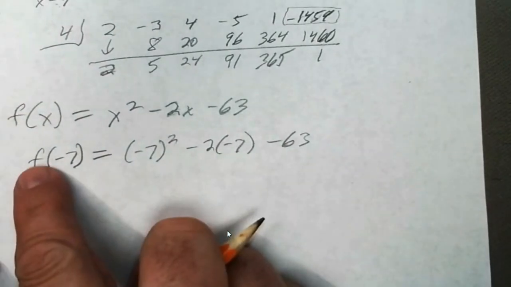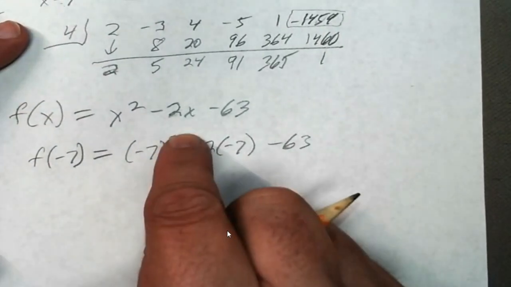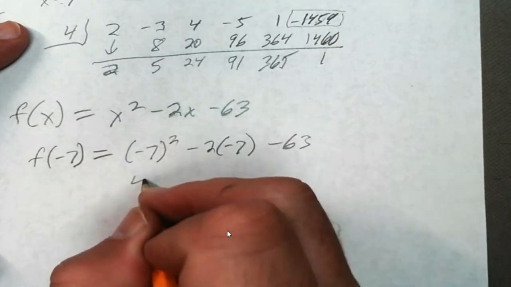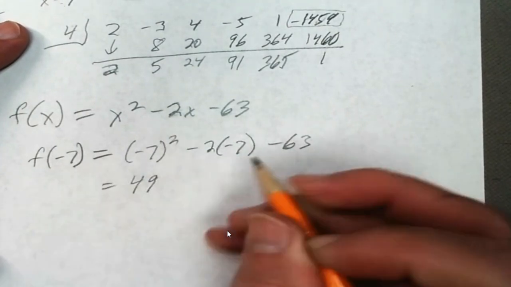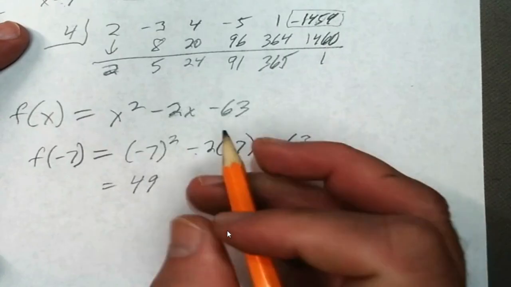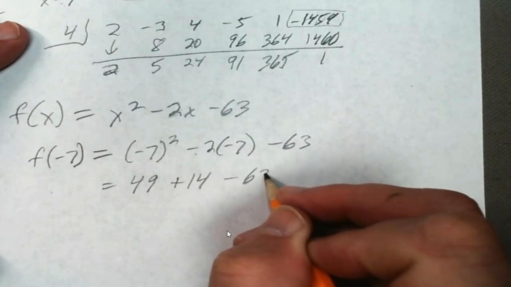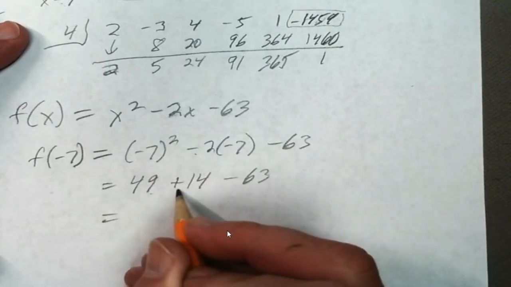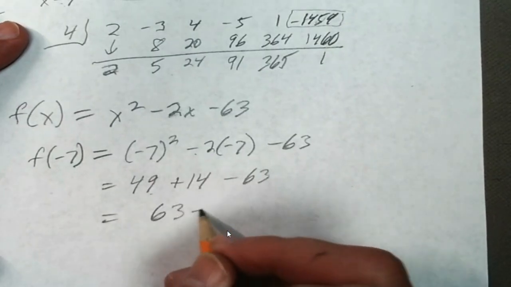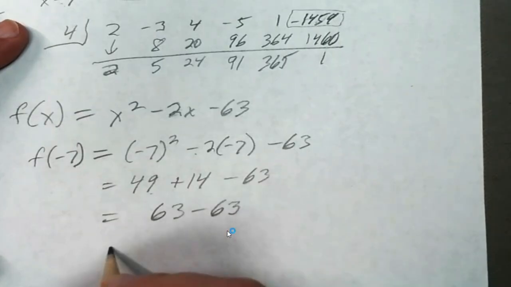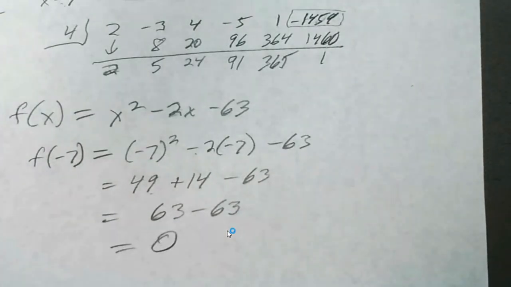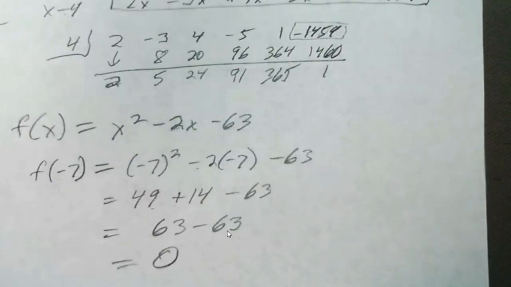Substituting that -7 in. -7 squared, -7 times -7 is a positive 49. -2 times -7 is a positive 14, minus 63. 49 plus 14 is 63, minus 63 is 0. Well, ain't that the coolest thing?